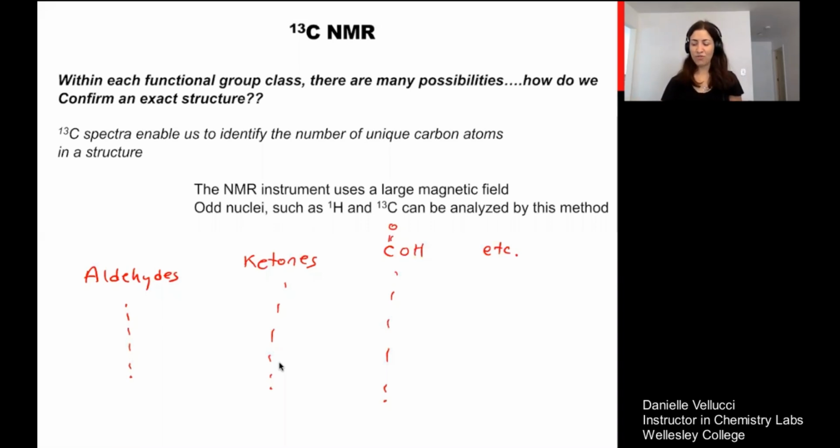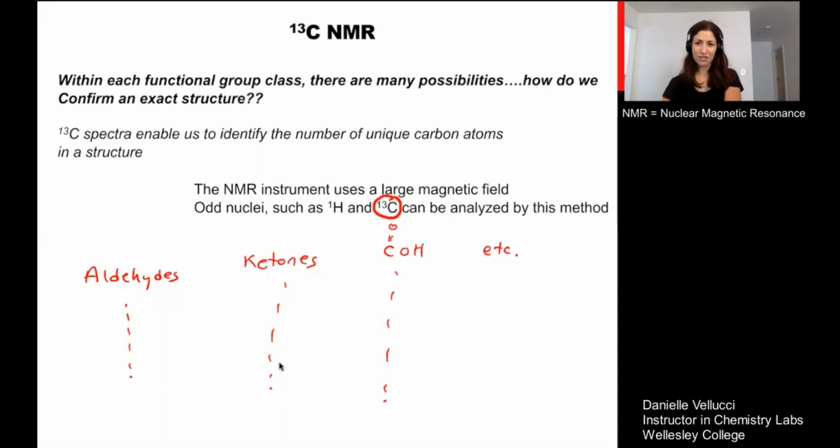Okay. For those of you who continue on to Chem 212, you're going to see a lot of these type of data. Okay. This is known as an NMR, nuclear magnetic resonance. And I'm not going to go through all of the theory of this technique, but what I will tell you is it places the organic molecule in a large magnetic field. Okay. And within this field, odd number nuclei, such as C13, can be analyzed, okay?